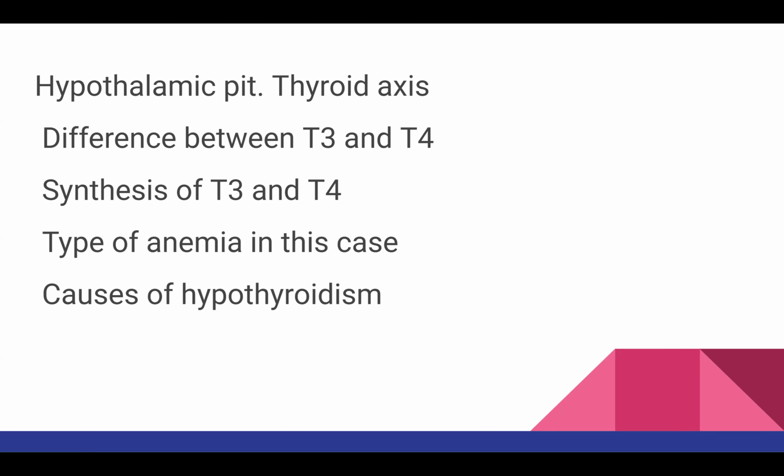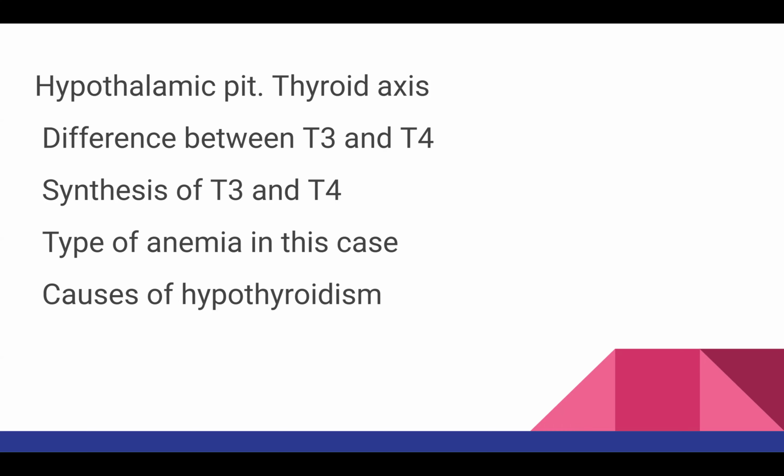Okay. So what are the different causes of hypothyroidism? The causes can be divided into primary and secondary. The primary has four causes: iatrogenic, idiopathic, iodine deficiency, and autoimmune.